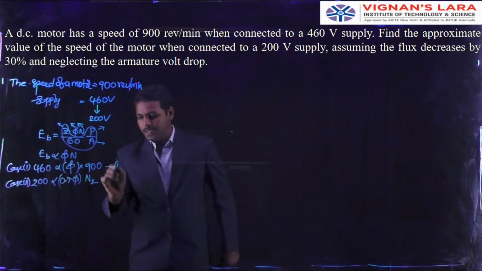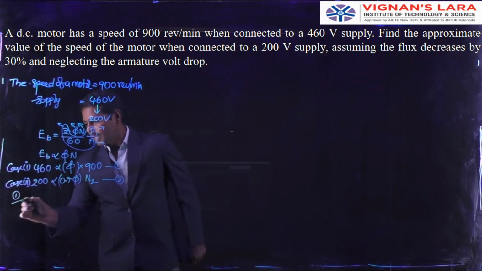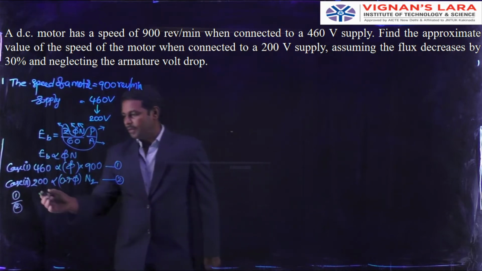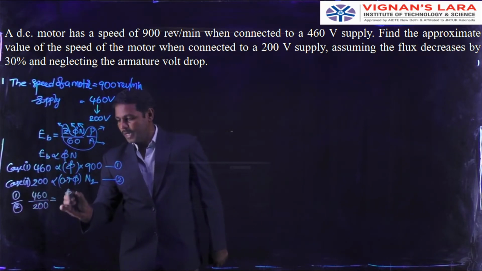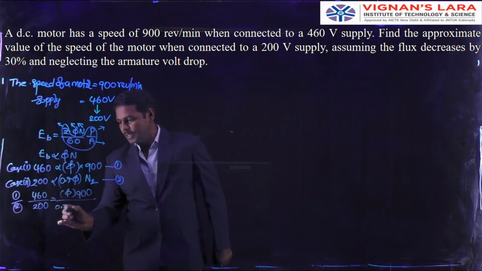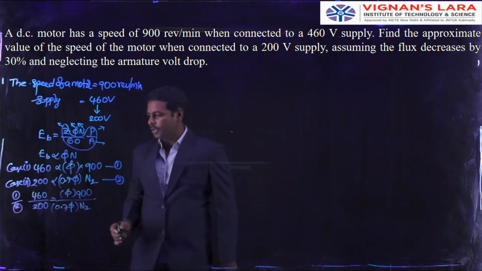So this is equation 1 and equation number 2. Equation 1 divided by equation 2. So 460 divided by 200 is equal to phi into 900 divided by 0.7 phi into N2.